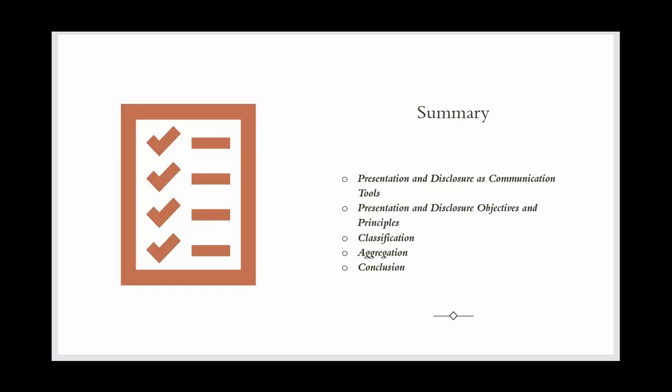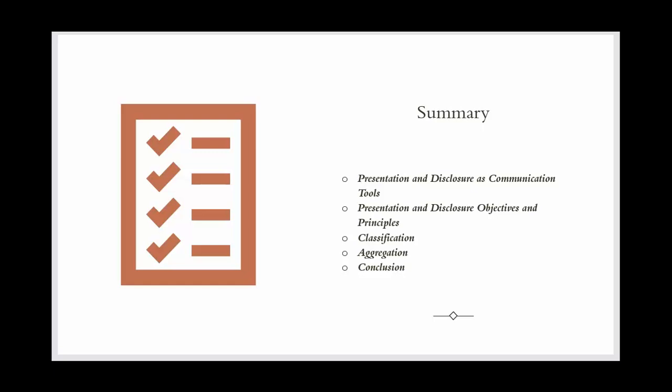Presentation and disclosure objectives and principles. Balancing flexibility and comparability ensures that financial statements provide useful, faithful representations of an entity's financial position. Emphasis on entity-specific information over boilerplate text and avoiding unnecessary duplication enhances the clarity and usefulness of financial statements.